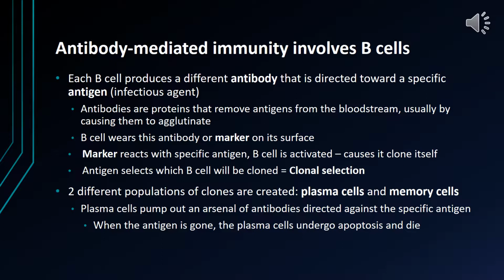And then there are actually two different populations of clones which are created: the plasma cells and the memory cells. The plasma cells are responsible for pumping out an arsenal of antibodies directed against that specific antigen or pathogen. And once the antigen is gone, the plasma cells undergo apoptosis and die because we no longer need them.